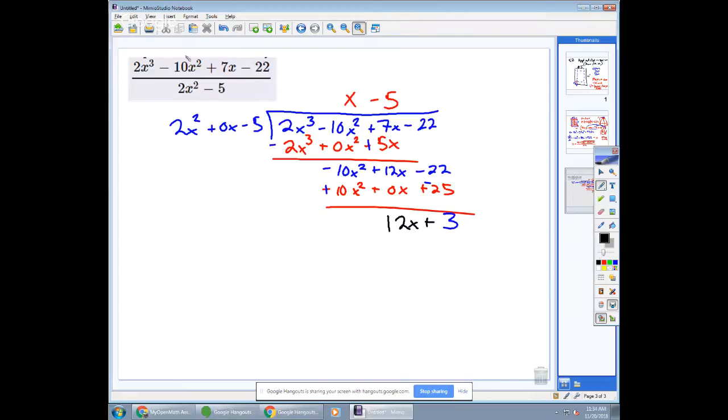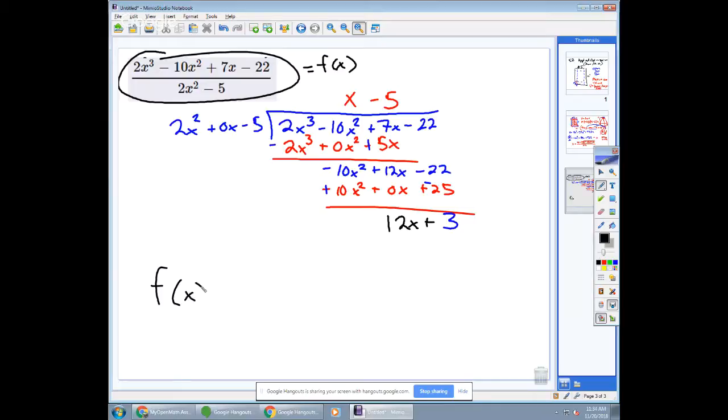So we found that this function right here, that's our f of x, can also be written as x minus 5 plus a remainder of 12x plus 3 over 2x squared minus 5. These are the same function.